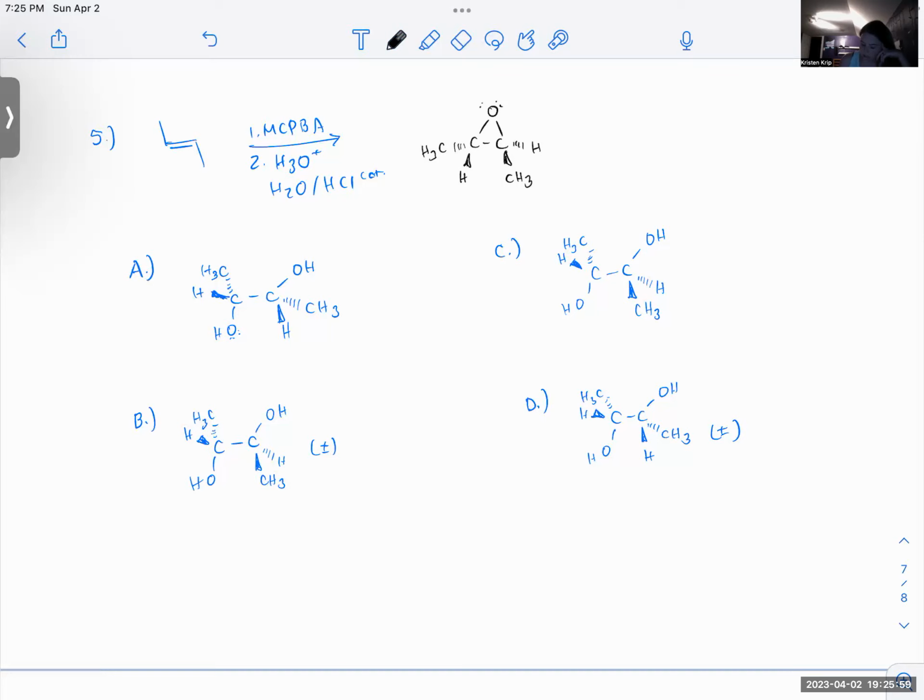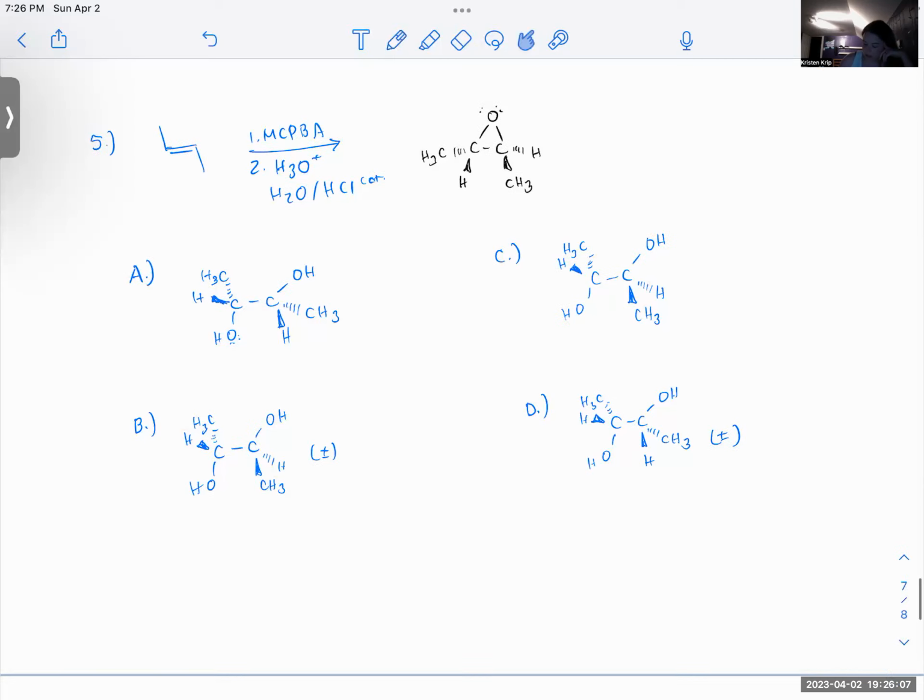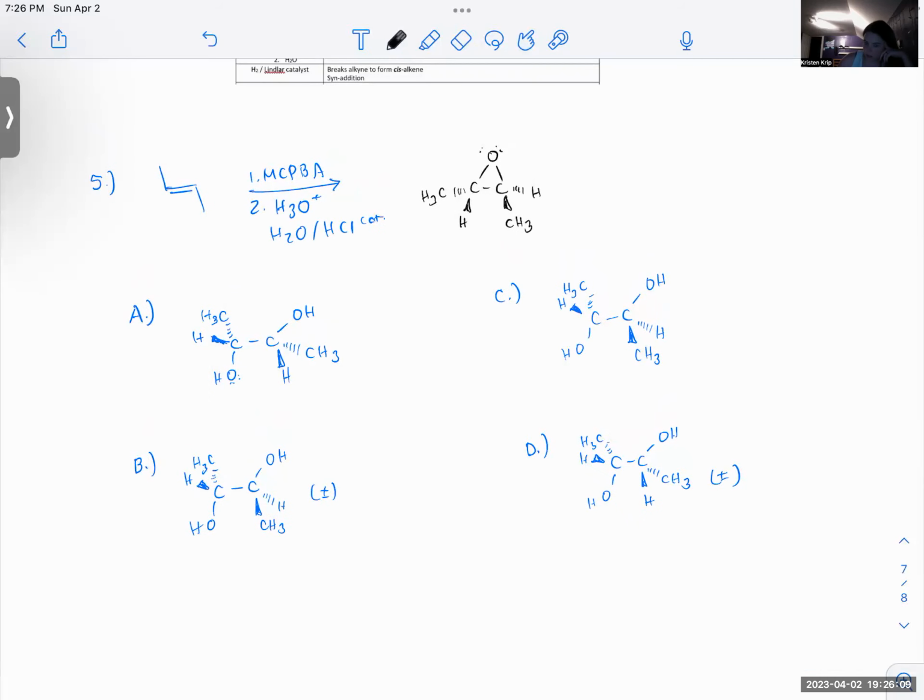And then we need to get rid of the epoxide with our acid workup step. So in this case, we're going to have hydronium come in.